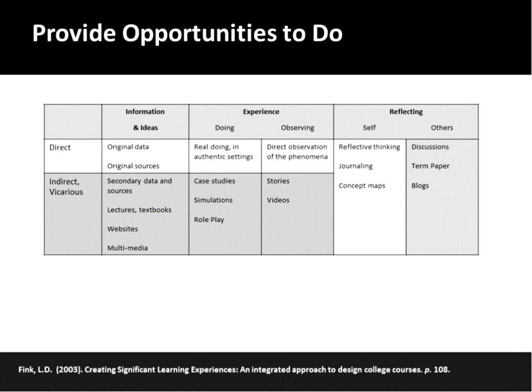And one of the things he really highlights is that there are many different ways to have activity and engagement in a course, and there are three of them that he usually highlights: information and ideas, experience, and reflecting. And I have adapted this chart.